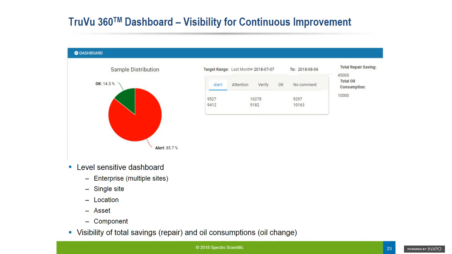And it's a level-sensitive dashboard, so it can do that at the enterprise level, which would be multiple plants, the single user site, for example, where you might have a MiniLab, a particular location within a site, or at the individual asset and component level. And what that allows is that overall visibility and an ongoing way of being able to monitor the effectiveness of your oil program.